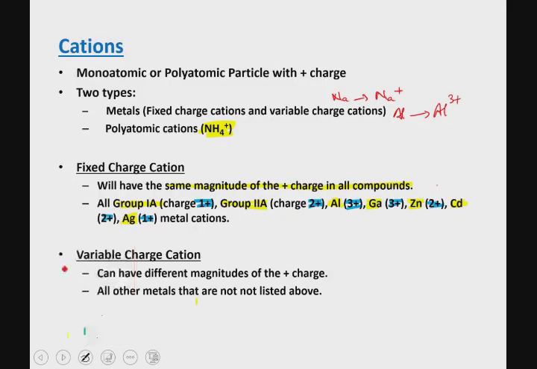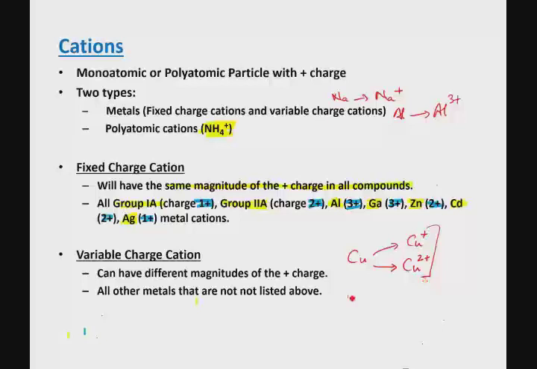Copper can make a cation with a charge of +1, but it can also make, depending on conditions, a different cation with a charge of +2. Because of that, these are called variable charge cations, and you cannot predict the magnitude of the positive charge from the periodic table. You cannot.